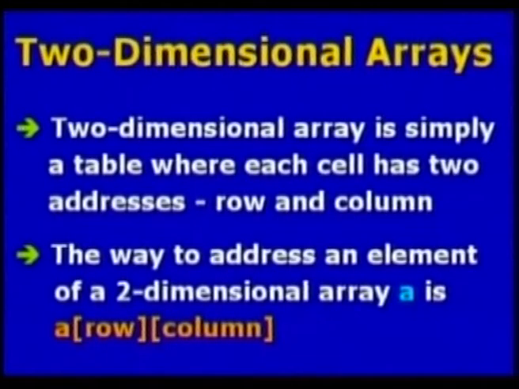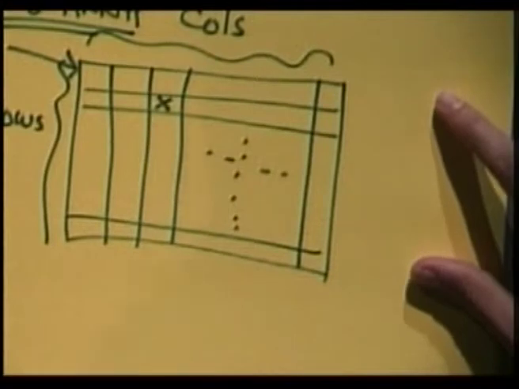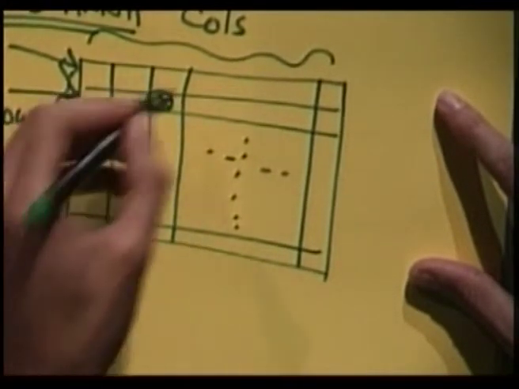The way to address an element in a two-dimensional array, A, is simply by determining the row and column. So to access, let's say, this entry in here in the array, I would like to determine the row to which this element belongs and the column.